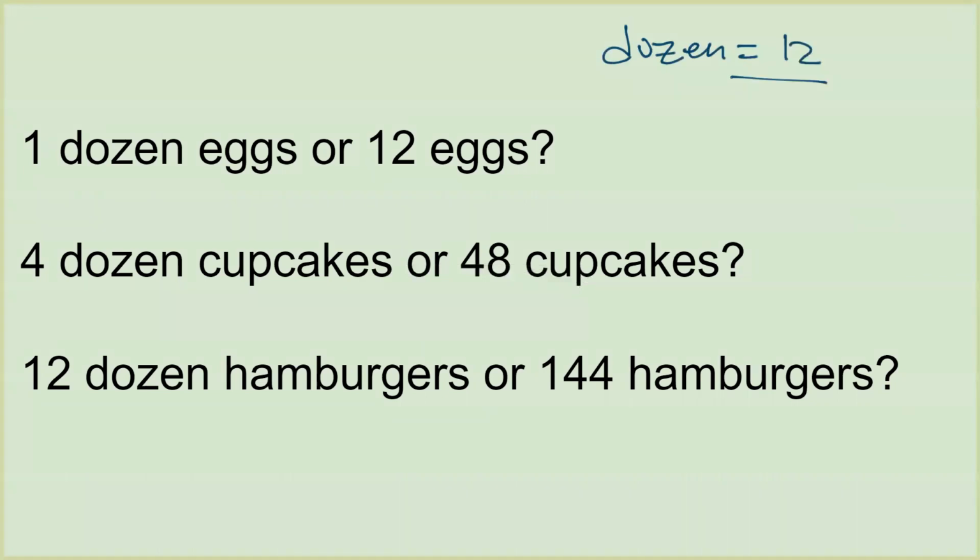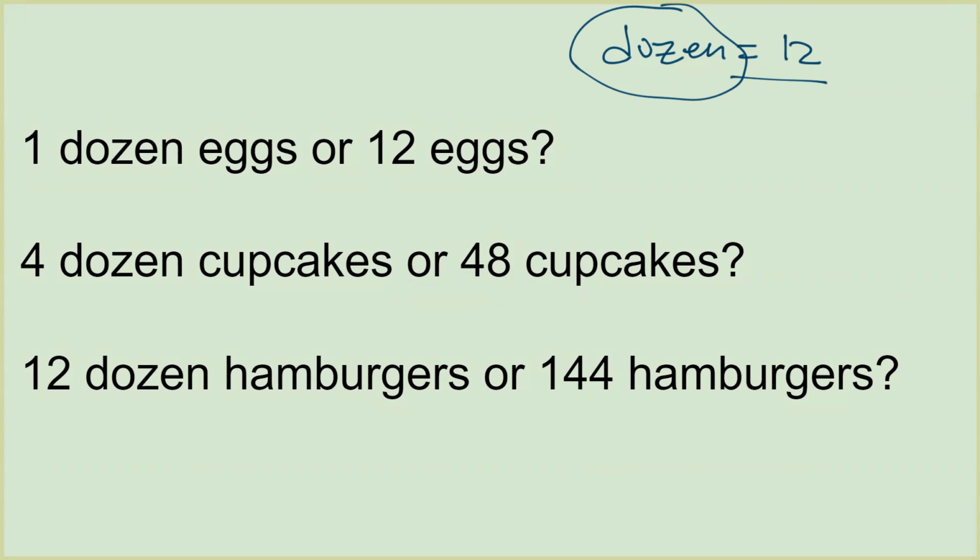I hope that's already common knowledge. Now, saying 1 dozen versus saying 12 really isn't a huge difference, but when you start to get to really big numbers, 12 dozen might be a little easier than saying 144, right? And so a dozen is a word we use to represent a number, okay?